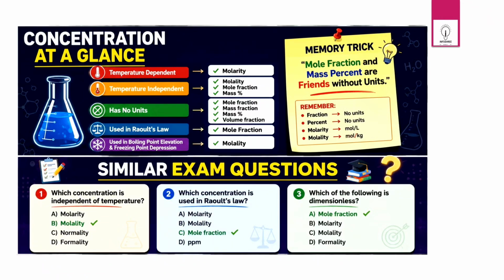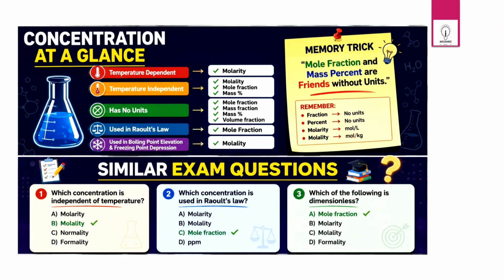For similar exams, questions like which concentration is dependent on temperature will be asked. This dependence and independence of temperature will come in examinations, because this is an important topic. Which concentration is independent of temperature? That is molality, as you know. Which concentration is used for Raoult's law? That is mole fraction. Which of the following is dimensionless?